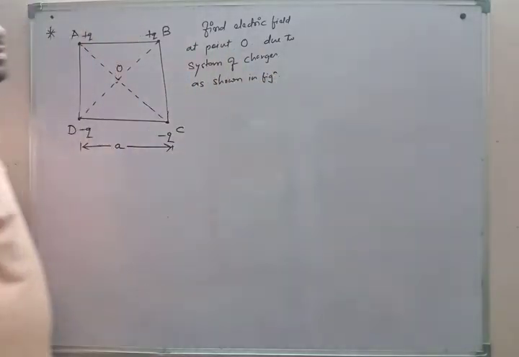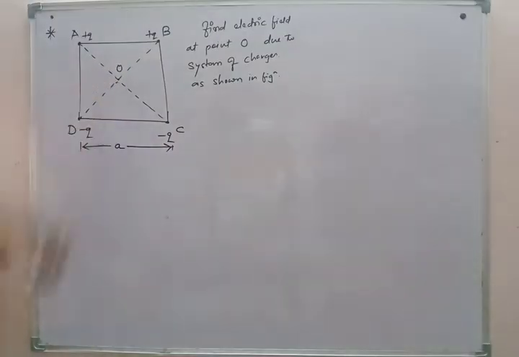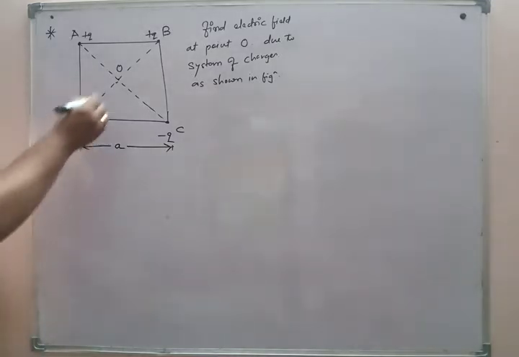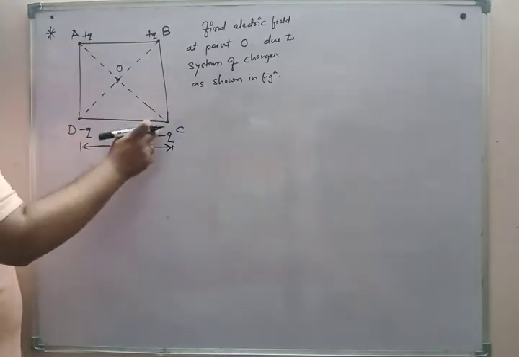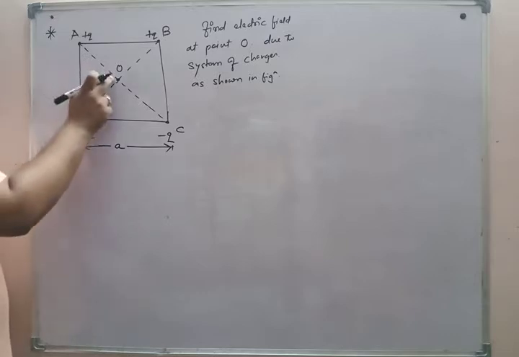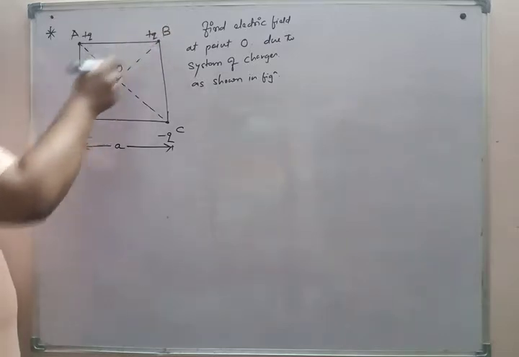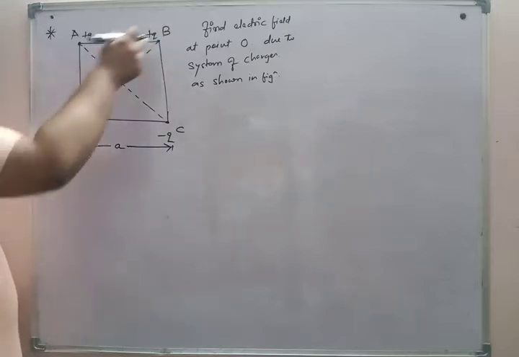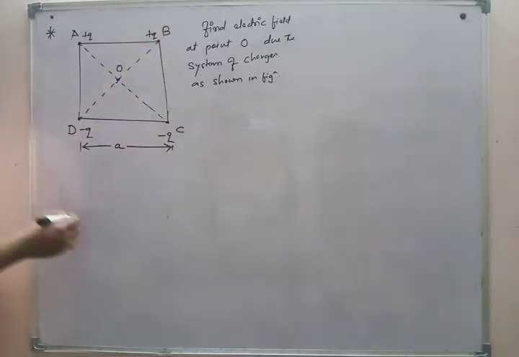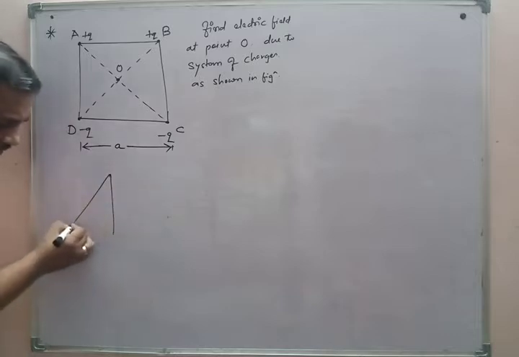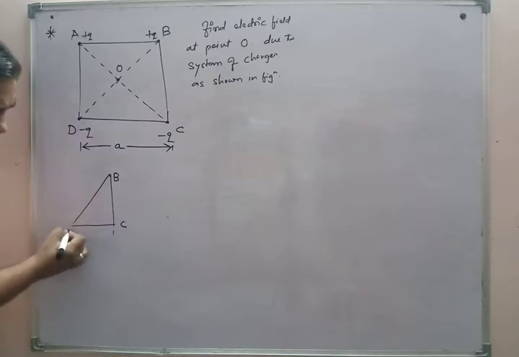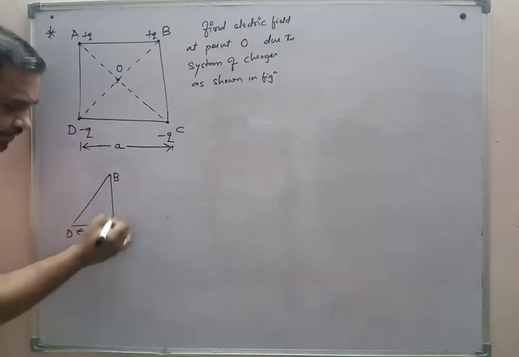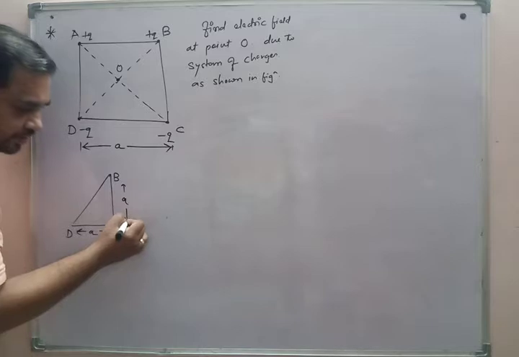We have to find the value of electric field at this point O. How to find this electric field? The first thing is to find the distance of each charge from the center. This BD is the diagonal of the square. In triangle BCD, this side is a and this side is a.